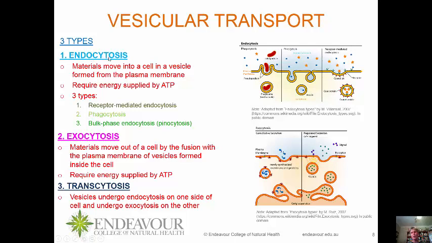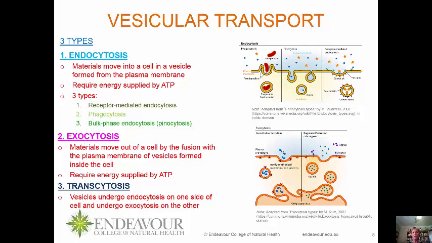First one, endocytosis. So the prefix endo means into, so coming into something. So endo, coming in, cytosis, the word cyto means cell. So it's the process of bringing things into the cell. Exocytosis, on the other hand, exo means external, moving things out of the cell.